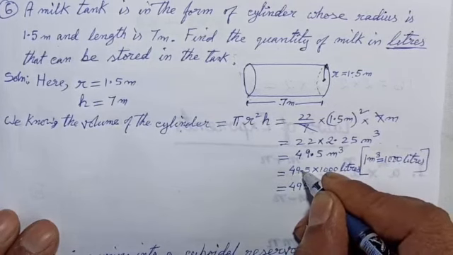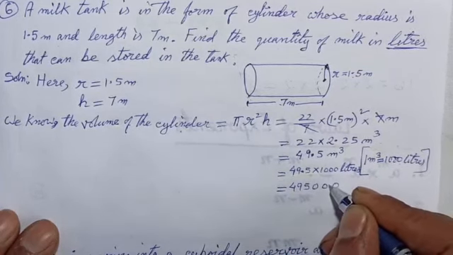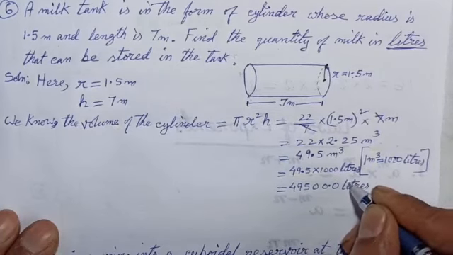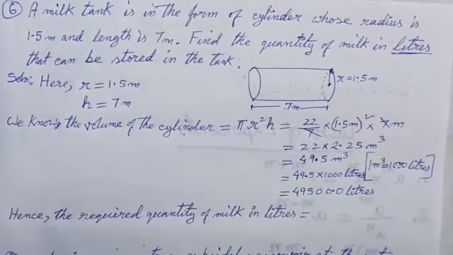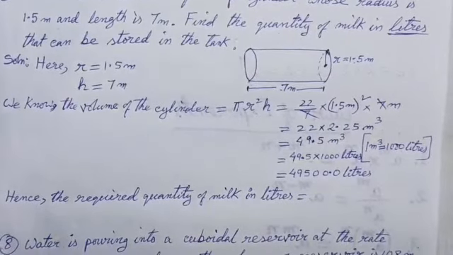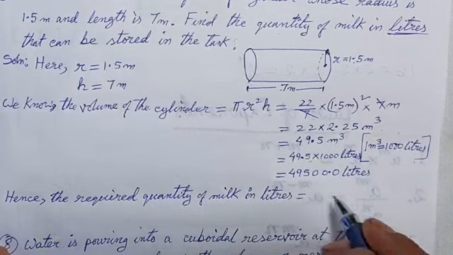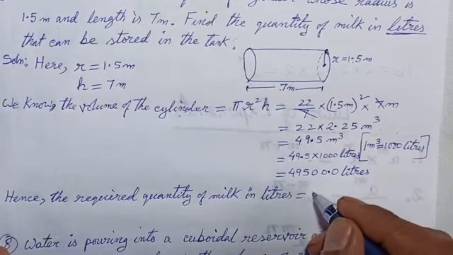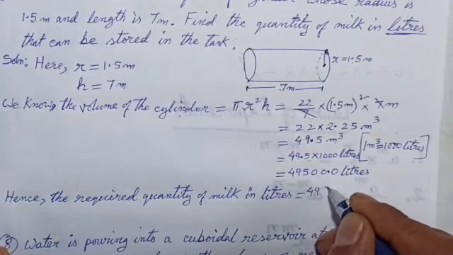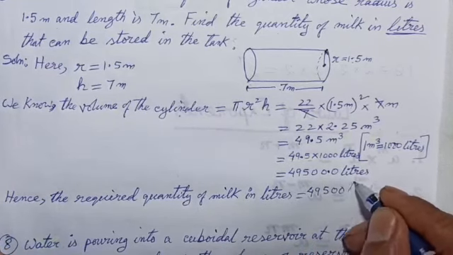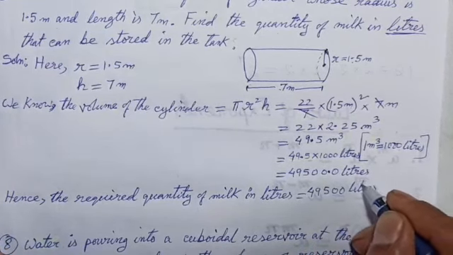This decimal point has 1 decimal place, so it will come here. Hence, the required quantity of milk in liters is 49500.0. The 0 has no value, leave it, so 49500 liters, and this is the answer.